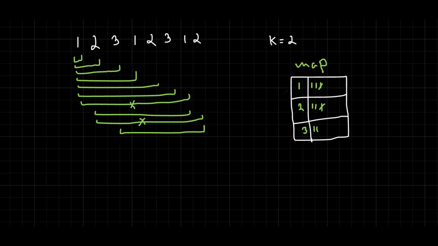Now, we have completed the iteration because the right pointer has reached the last element. The maximum window size we have got is 6: 6 here, another 6 here, and another 6 here.